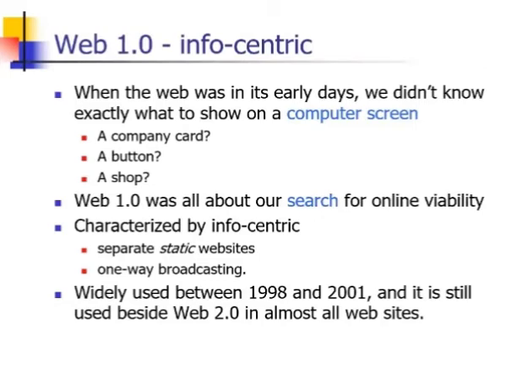So, 1.0 is info-centric. Let's go fast with the history. 1.0 was info-centric when the web was in early days, and we didn't know exactly what to show on computer screens: a company card, a button, or a shop.